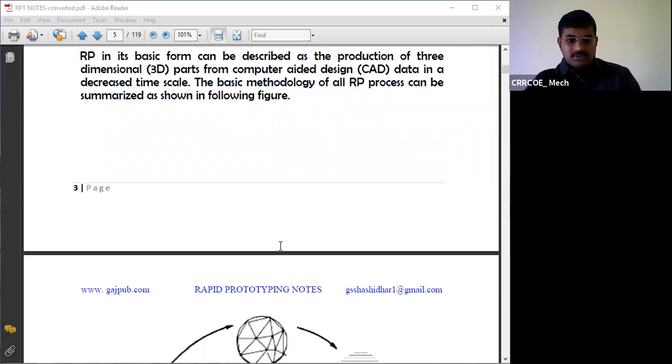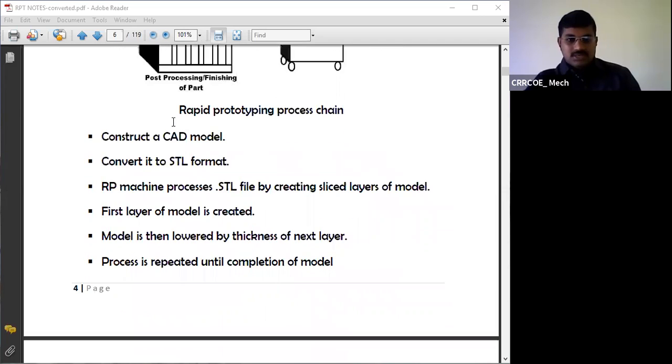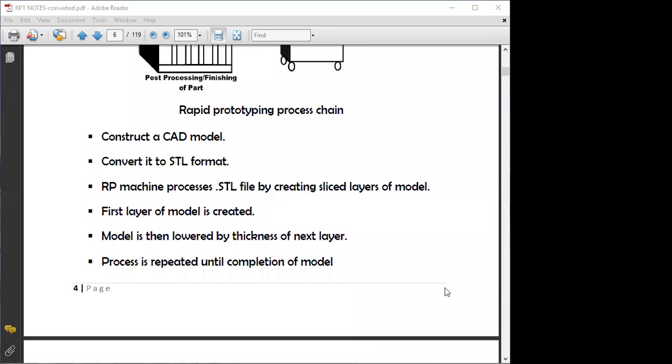Methodology they have also given stepwise: constructing CAD model, convert into STL format, machining process, STL, slicing layer of the model. First layer of the model is then lowered by the thickness. I said that this point is very important.